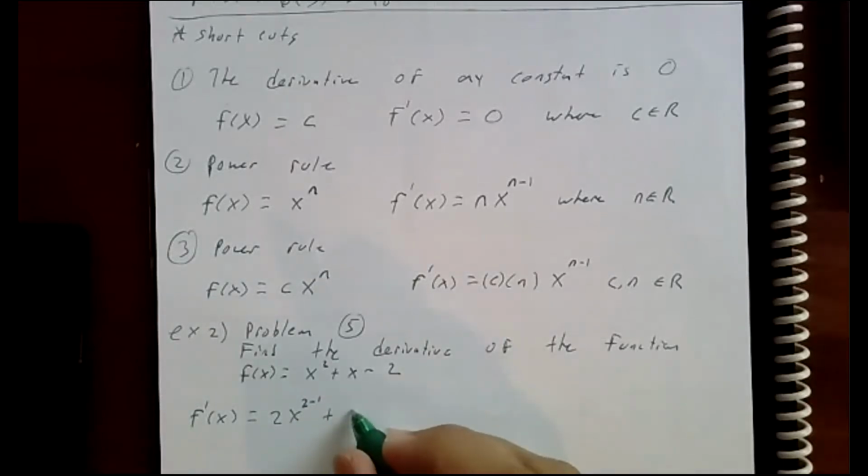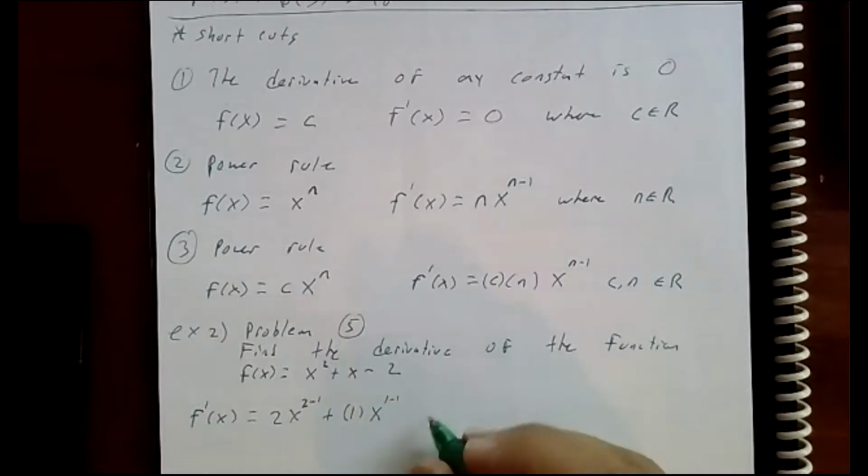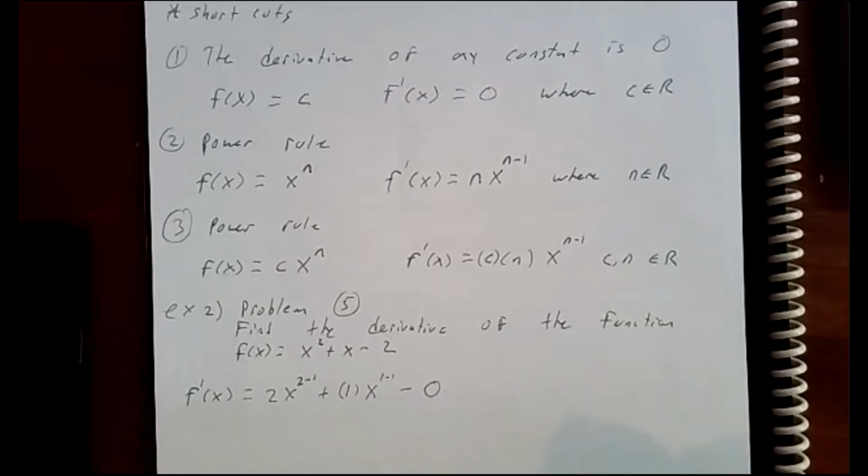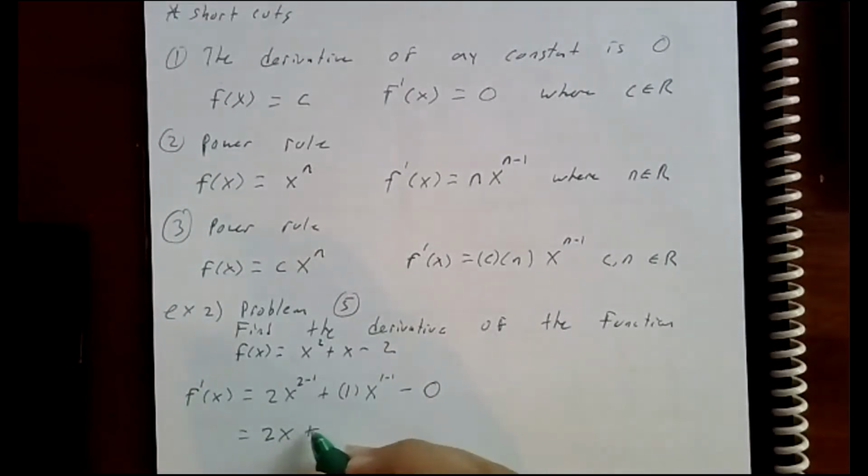Plus bring a 1 down because that's what's on the x there. 1 minus 1. And the derivative of a constant, of course, is 0. So this should be 2x plus x to the 0, which we know is a 1, right?